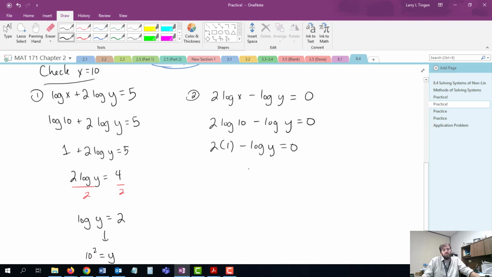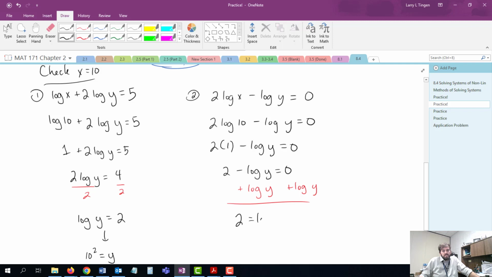And remember the goal here. Get the log on a side by itself. So I'm going to add log y to both sides. And the only reason I'm doing that is that way both come out positive. If I were to subtract 2 from both sides, then divide by -1, the same thing would happen.